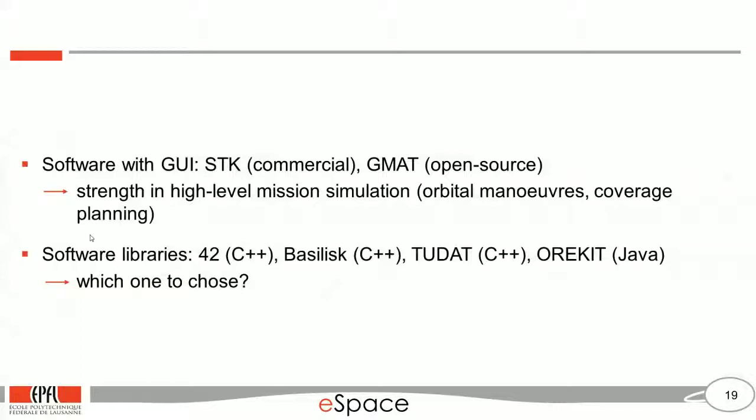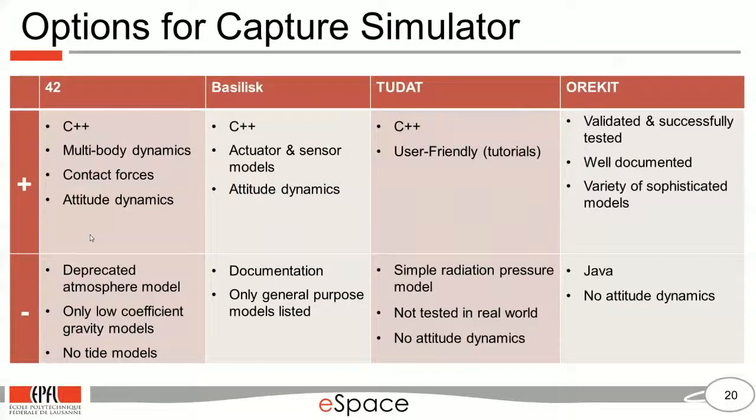Then we took the more library approach, where we would really get a library and plug it into ROS, and we came up with 42, Basilisk, TUDAT, and Orekit. Again, the question is which one to go with. Long story short, we did our homework, and for us, Orekit was the way to go. Even though it doesn't have attitude dynamics, we figured it was very well documented, and also some of our partners were using it.